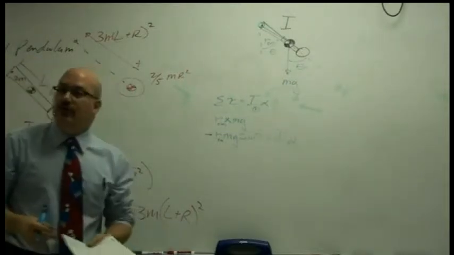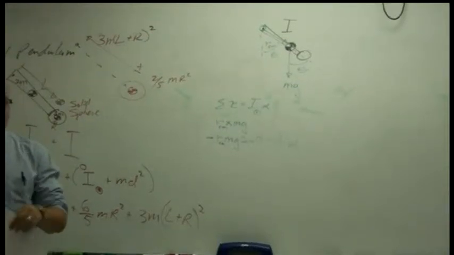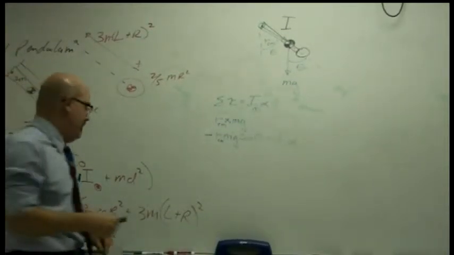All right, so now here's what we're going to do. This is what's called the small angle assumption, because we cannot go much further with this unless we assume something fancy.